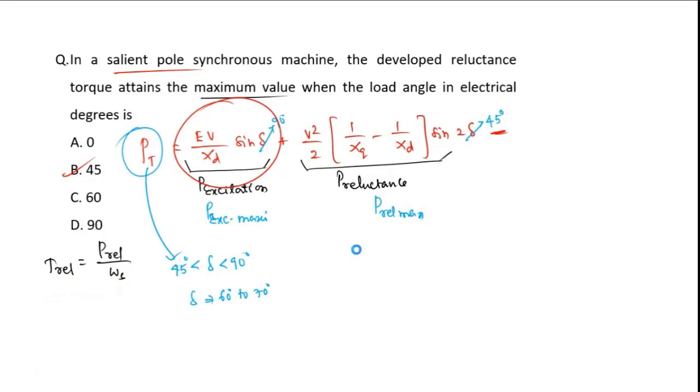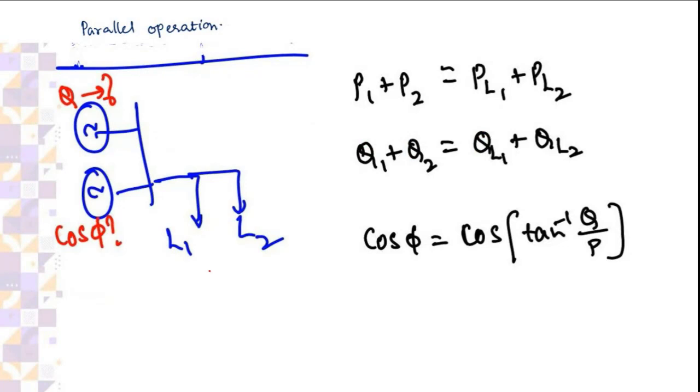Now the next one is parallel operation. Here they'll ask what is the power delivered by generator 1 or the reactive power delivered by generator 2. For this, simply go ahead with the power balance equation: generation equals demand. Equate the generator active powers with the load active powers, and similarly the generator reactive powers with the load reactive powers.